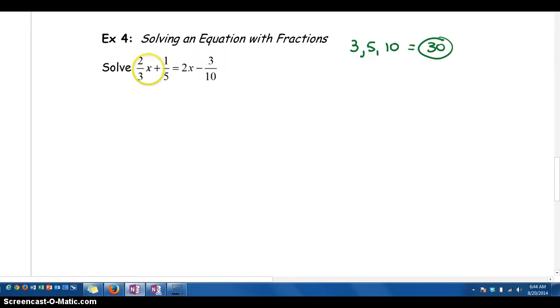So if I were to multiply these, they all have that in common. So what I'm going to do is multiply each one of these numbers, to be fair, by 30. My goal is to get rid of the fractions. So here's 2 over 3 x plus 30 times 1/5 equals 30 times 2x minus 30 times 3/10.